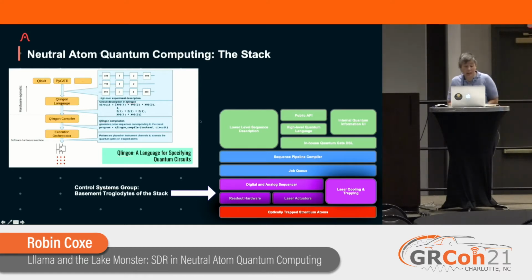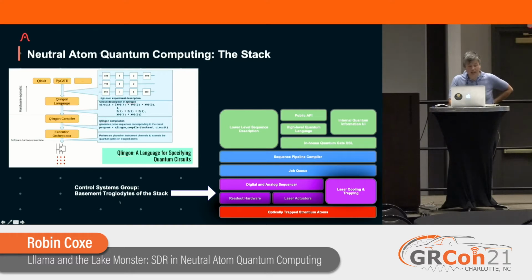Higher up the stack, we're also at Atom Computing working on a language for specifying these quantum circuits called Klingon. It allows people using the apparatus to string series of quantum logic gates together to form algorithms at a higher level.